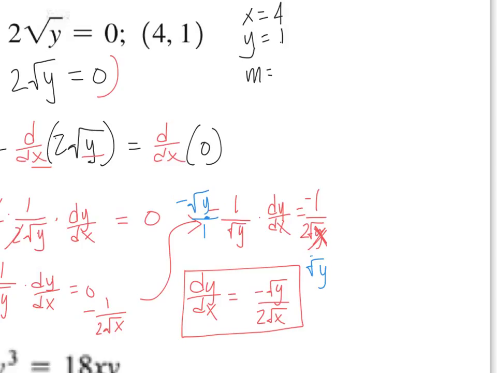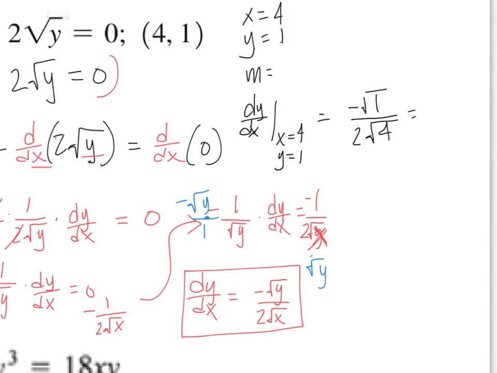Okay, in order to figure out the slope, I need to evaluate dy/dx at the point x equals 4 and y equals 1. So if I plug that in, I'm going to get negative square root of 1 divided by 2 times the square root of 4.